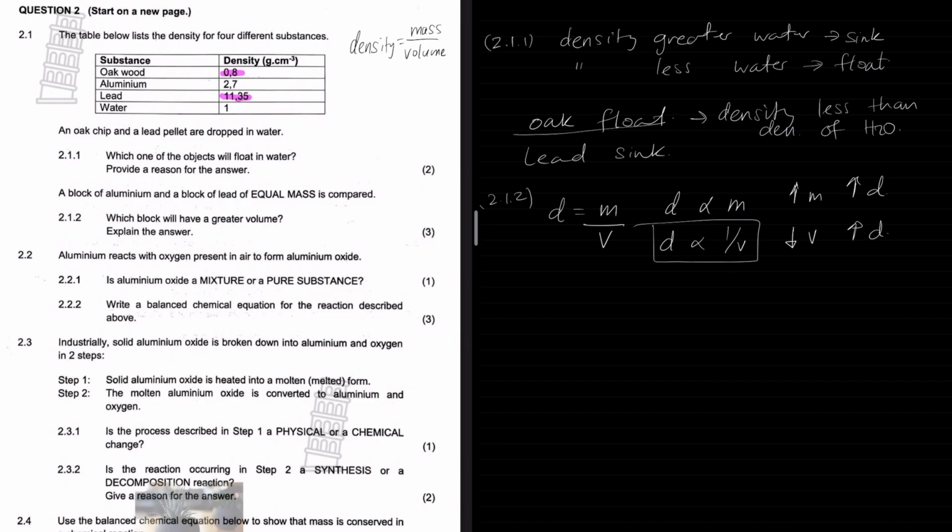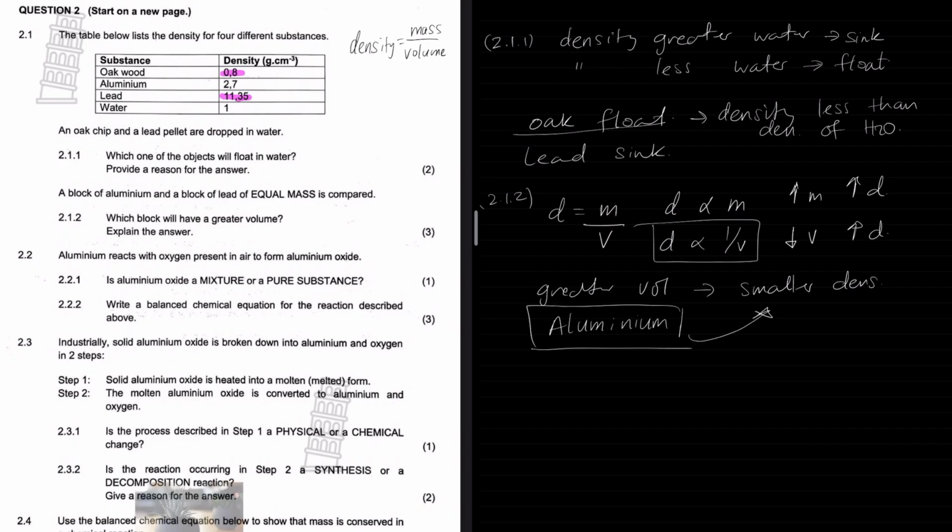So we want to look for greater volume, we're looking for smaller density. So if we are comparing aluminium and lead, aluminium has a density of 2.7, lead has a density of 11.35. So the answer will be aluminium, because aluminium between the two has the smaller density.